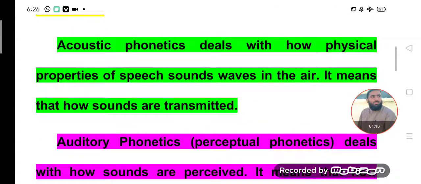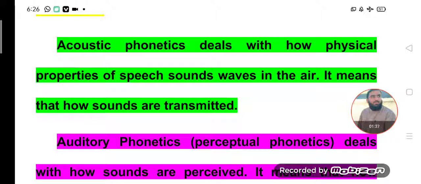Another branch of phonetics is acoustic phonetics. Acoustic phonetics deals with the physical properties of speech sounds. To study the physical properties of speech sounds is the job of acoustic phonetics.